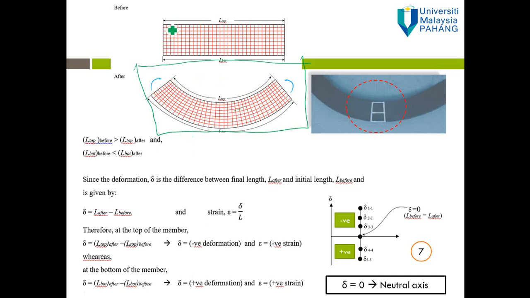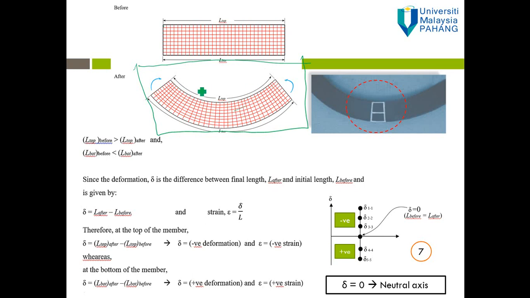So this is the top length, the length of the top surface. This is the length of the top surface before deformation, and here is the total length of the top surface after deformation.